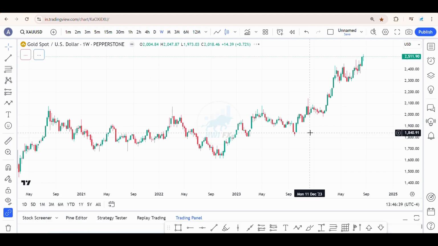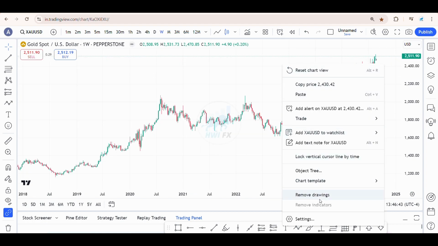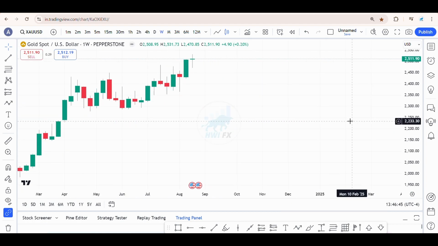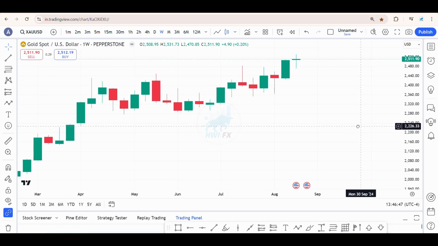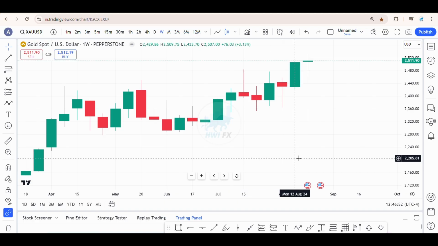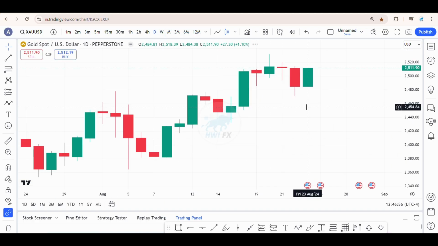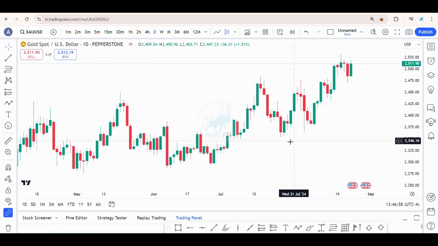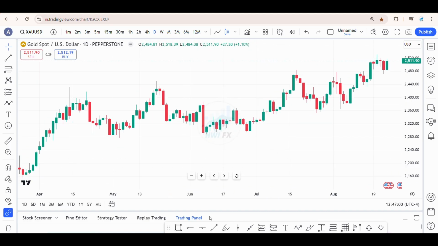I mostly trade gold, so let's go to gold. Let's see here. We are here now. We need to go to the daily. What is price doing here?